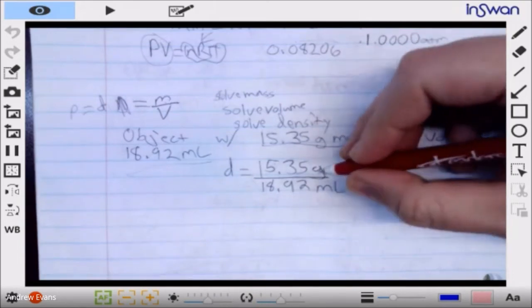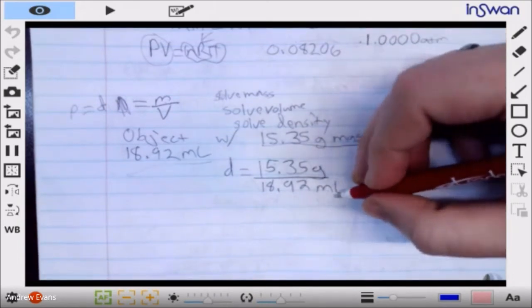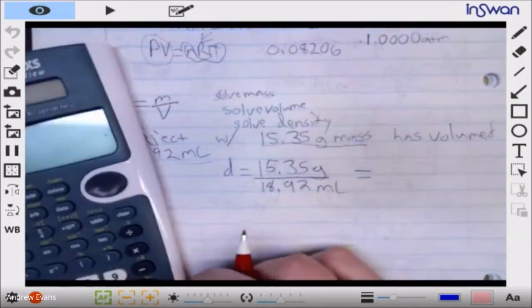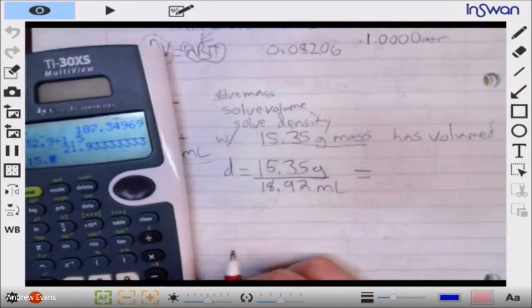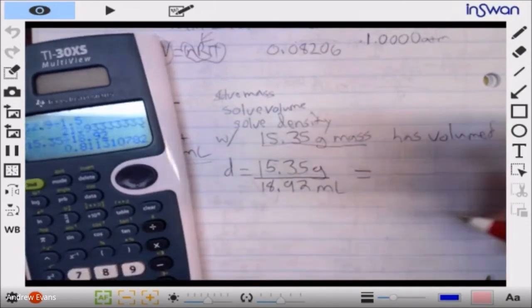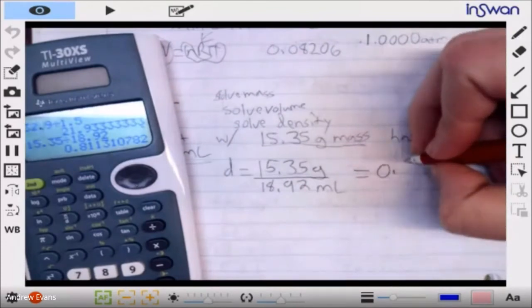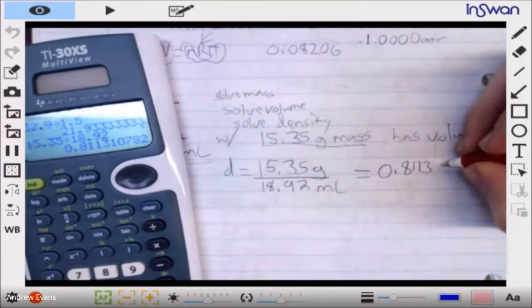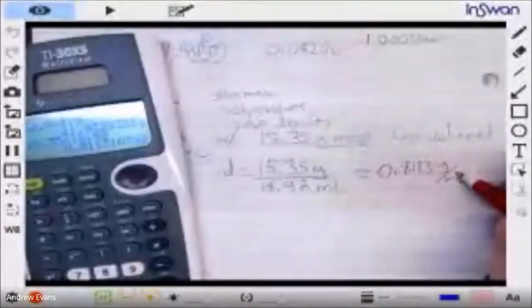Now, because the units, grams and milliliters, are different, they cannot cancel, so they will be carried over in our final answer. 15.35 divided by 18.92. So our answer should be 0.8113 grams per milliliter. Had I recorded that less accurately, I would have to round this down. As it is, it's a whole mess on the calculator.